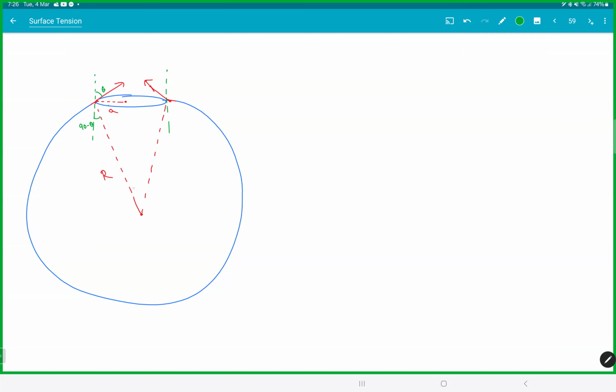So if that is theta, this will also be 90 minus theta. From a little geometry here, sine of 90 minus theta will be the opposite side A by R. So we have A by R equal to cos theta. This was the relation which we got before also.